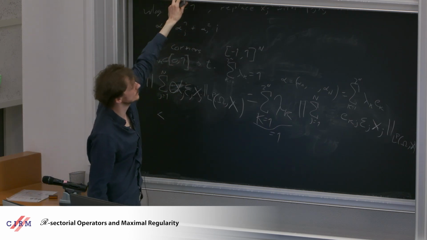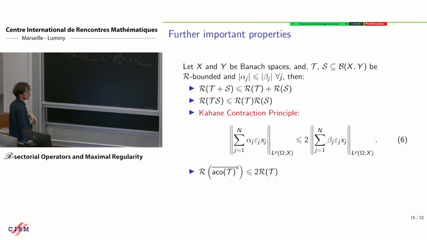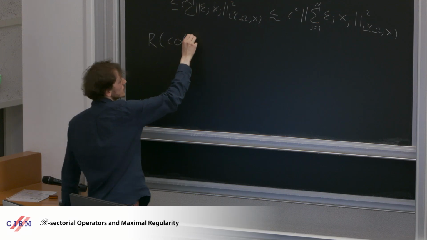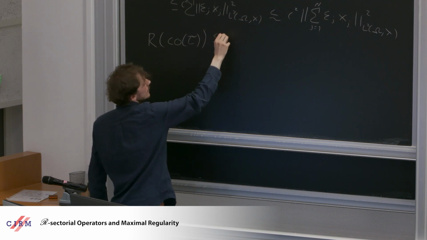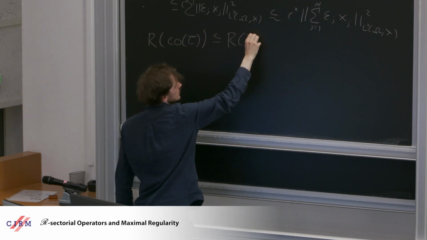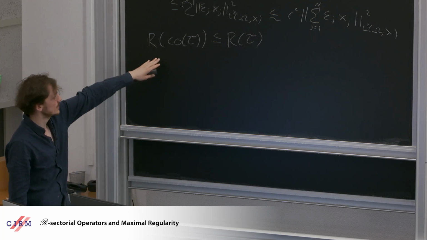And then the last statement. So ACO stands for the absolute convex hull, and the closure in the strong topology is what we're considering. So one can show that, which I will not do because it's a bit cumbersome, this inequality holds, and it's just a matter of playing with the indexes.